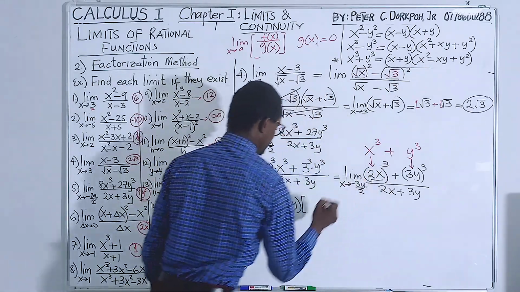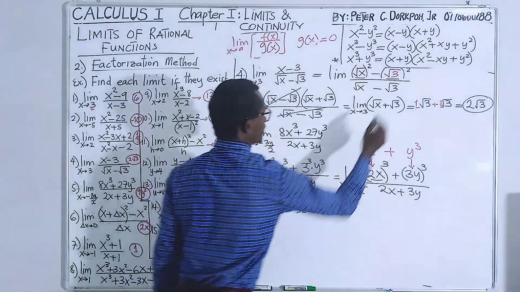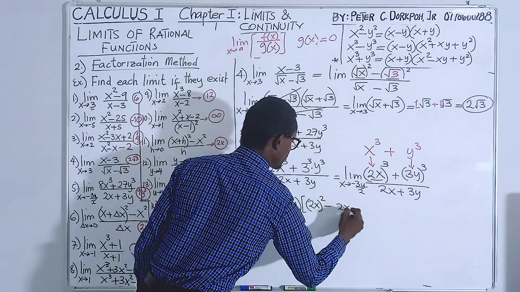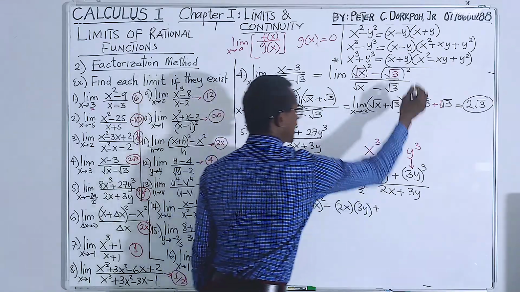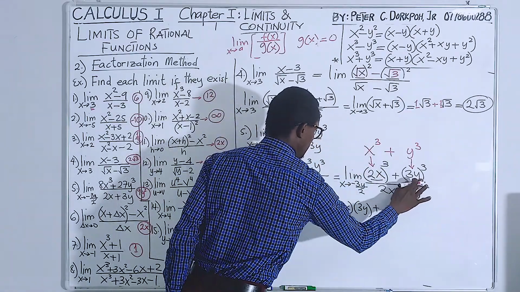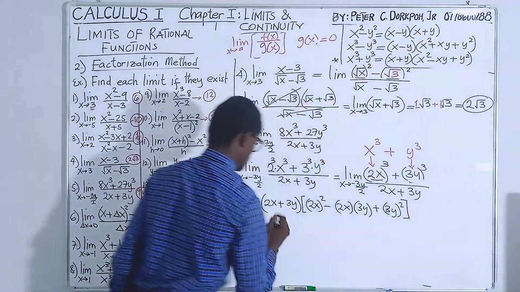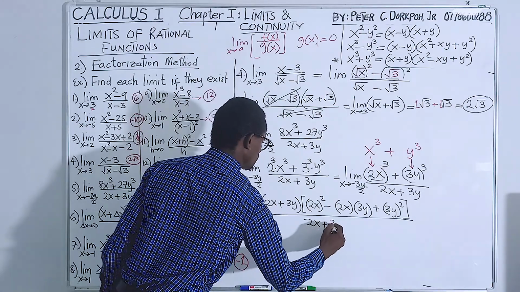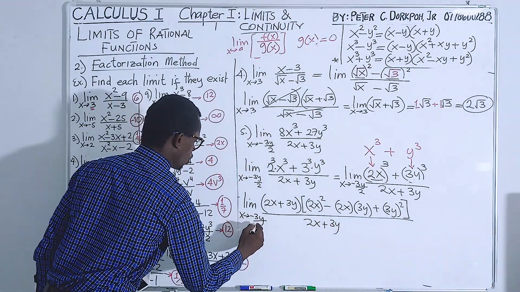So the first term is 2x all squared, minus xy. This is x, this is y. So it's 2x times 3y, plus y squared. This whole thing is y now, so it's 3y all squared, divided by 2x plus 3y, as x is approaching negative 3y all over 2.